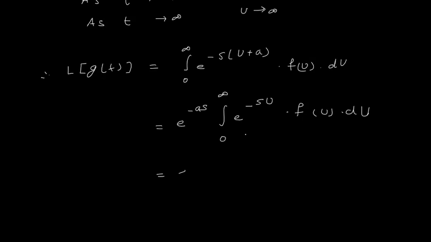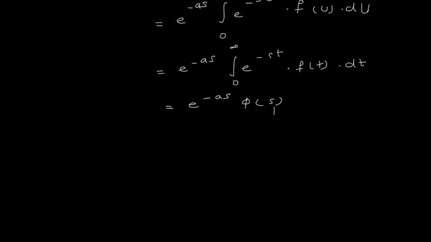So I can use variable t in place of u, we can change the variable, so it will become e power minus st into f of t into dt, and this is e power minus as into phi of s. Hence proved.